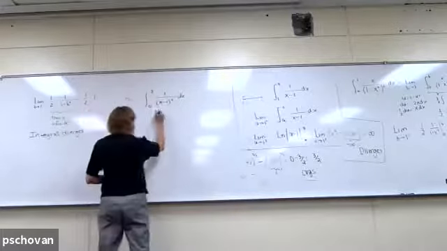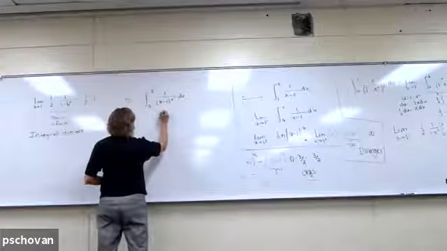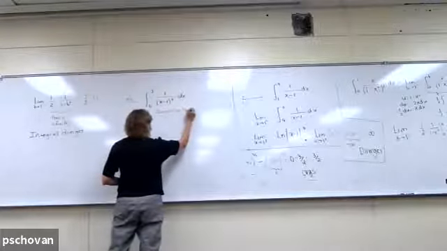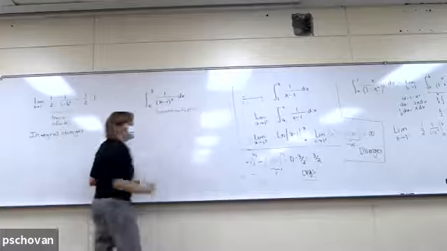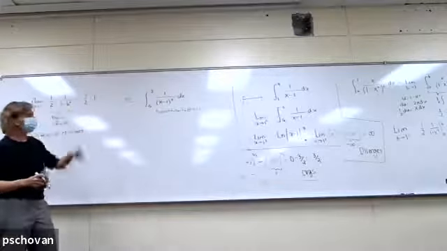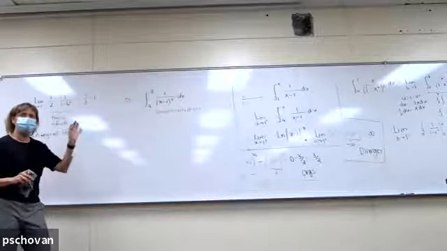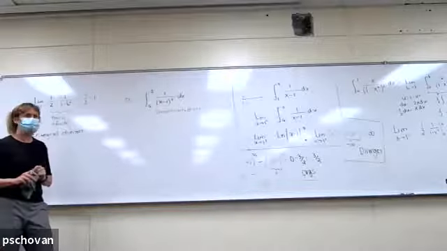So my discontinuity is inside. So I have to make 2 problems out of this. I'm going to integrate from 0 to 1, and then 1 to 3. And then I'm going to remove the discontinuity at 1 by sticking a letter in there.